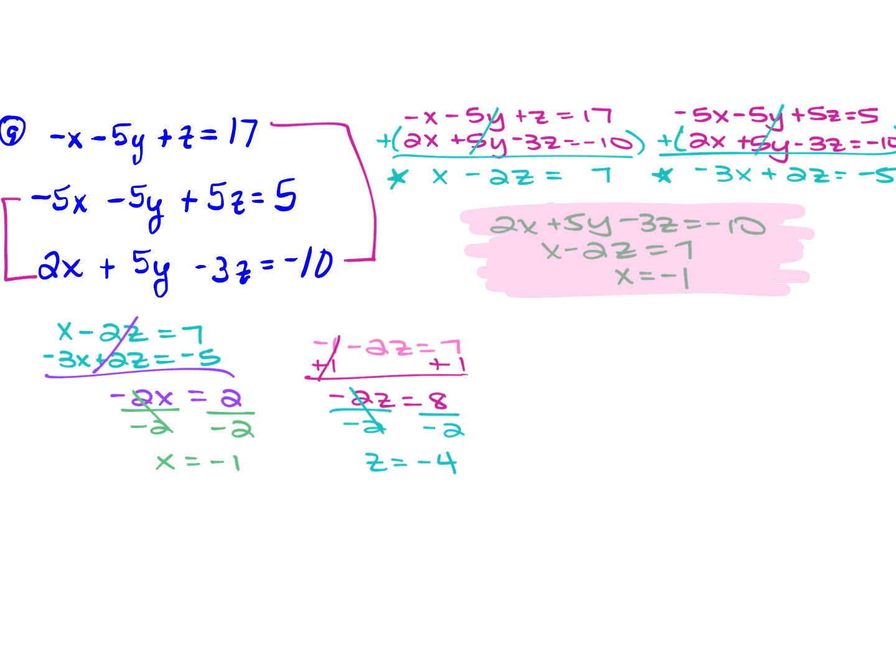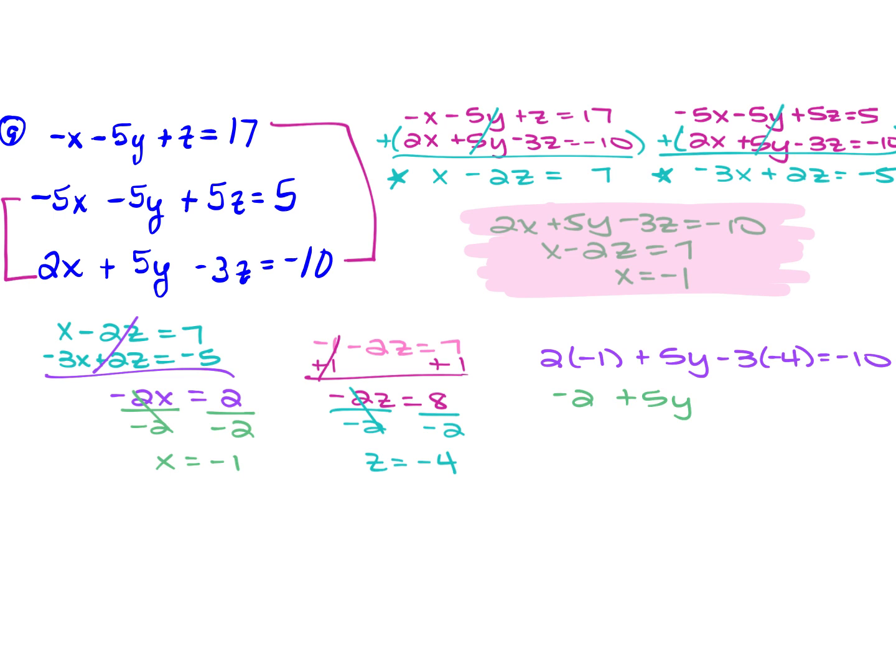Now that you have your x and your z, solve for y. Plug both of those into one of the originals. It does not matter which one. If you want to use the one that you have in the row echelon, you can. That would just be 2 times negative 1 plus 5y minus 3 times negative 4 is equal to negative 10. Your 2 times negative 1 is negative 2.